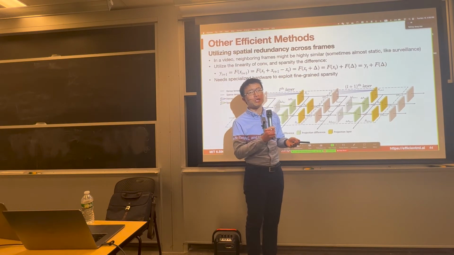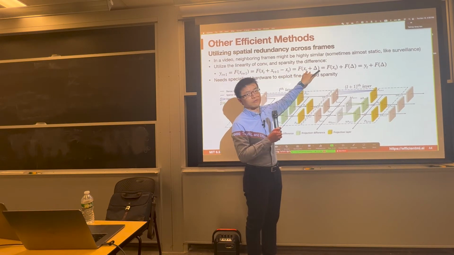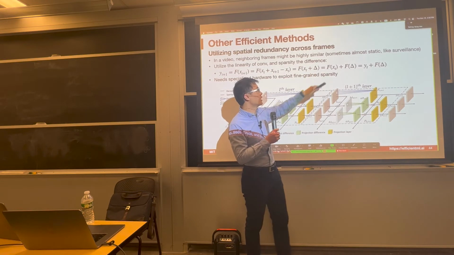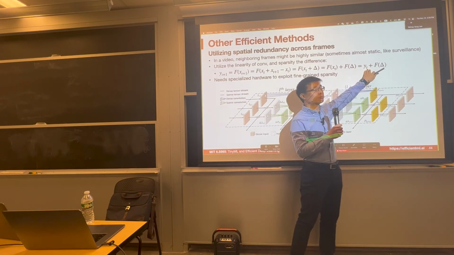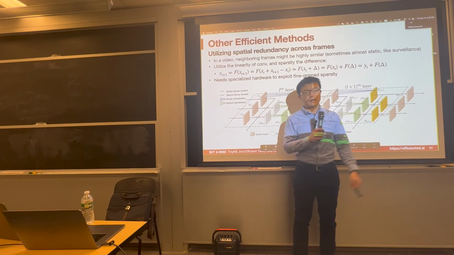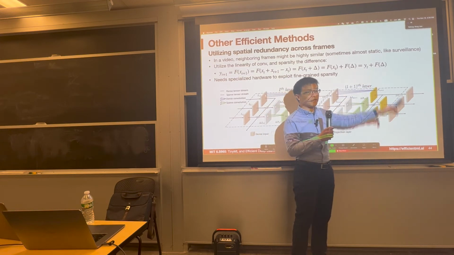Since delta is pretty small, and if everything is linear, we can assume we can compute only on this delta. So we can reuse the previous prediction plus this f delta, right?